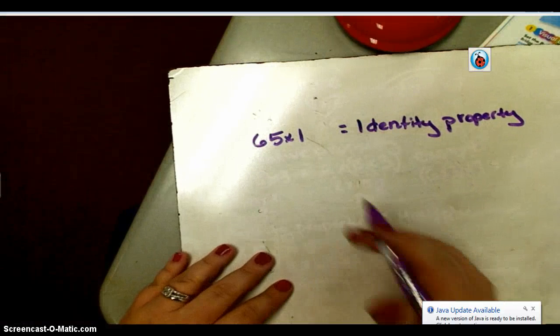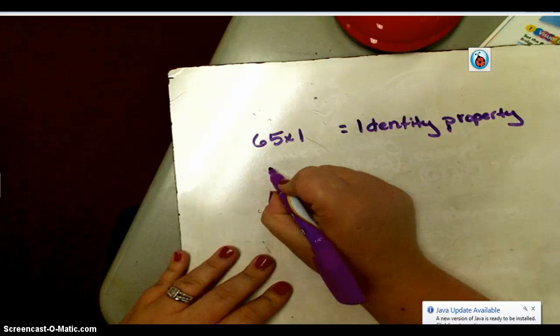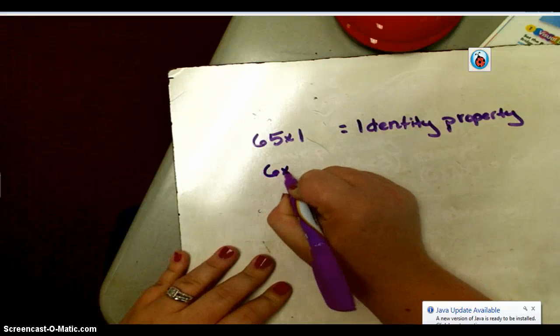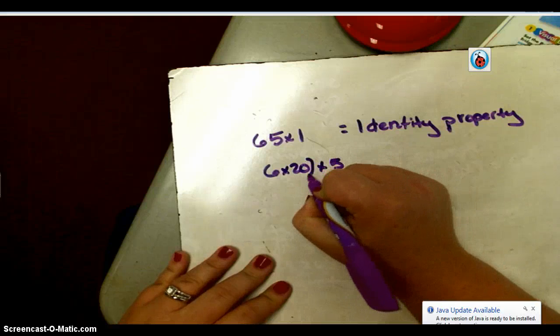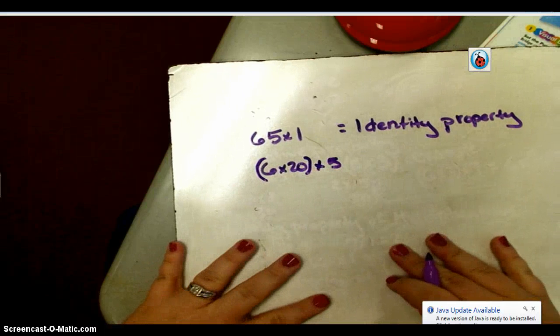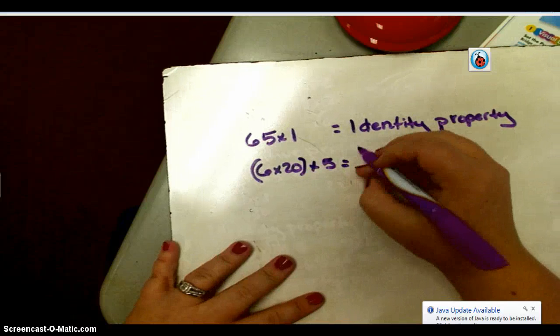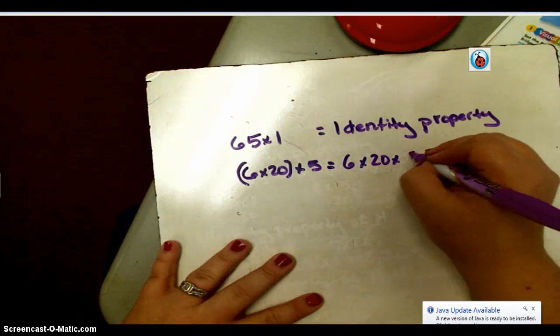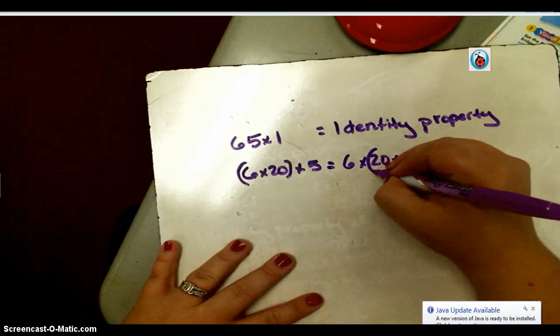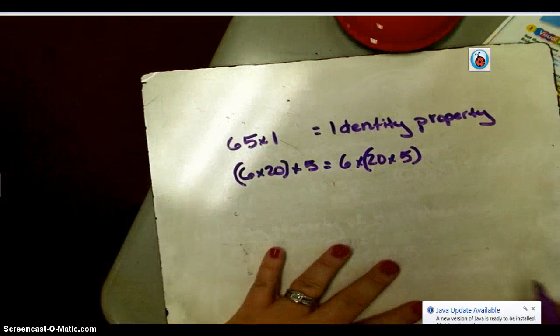If I would give you this problem, 6 times 20 times 5, here I'm putting the parentheses around 6 times 20, is equal to 6 times 20 times 5. Here I'm going to put my parentheses here. Tell me that property.